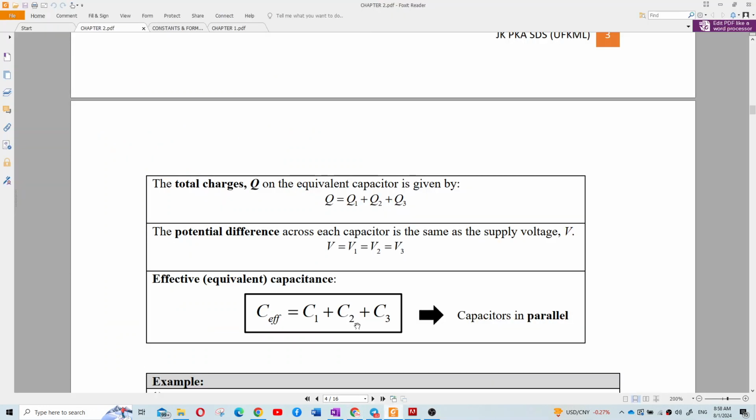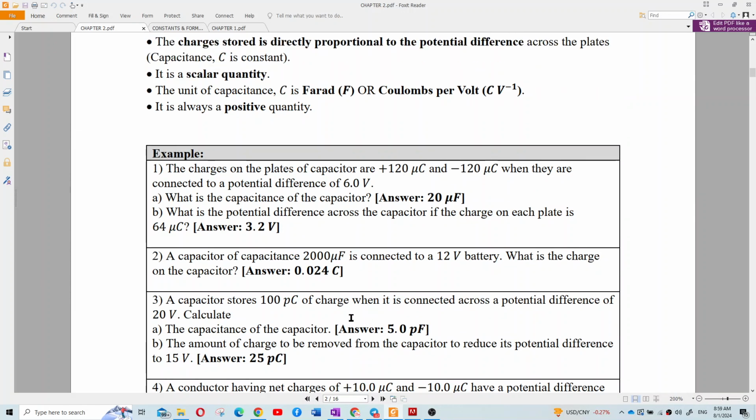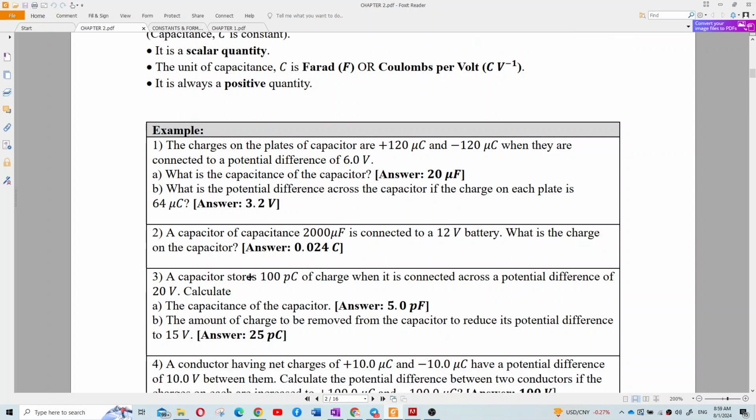Now, I don't want to proceed with this one. Maybe I just do the question over here. Just do the question over here. This example. Let me see, which question?